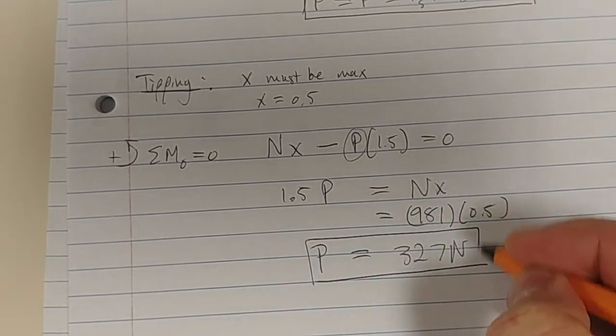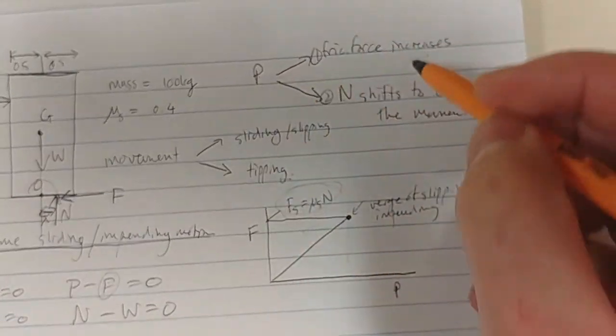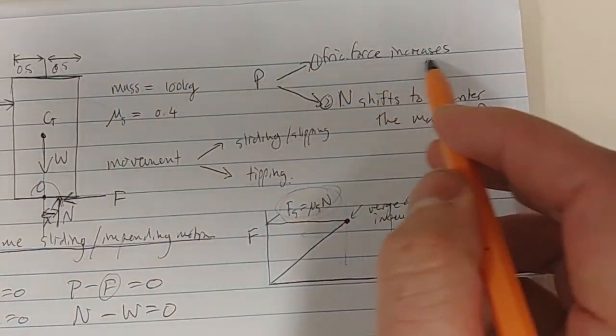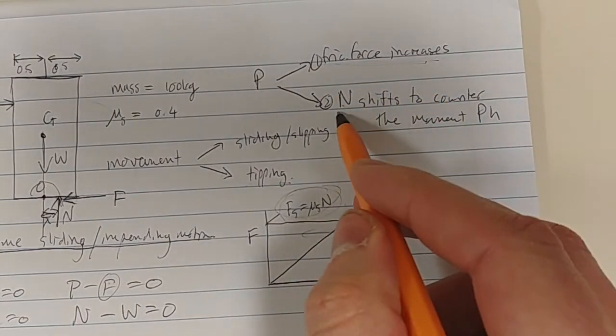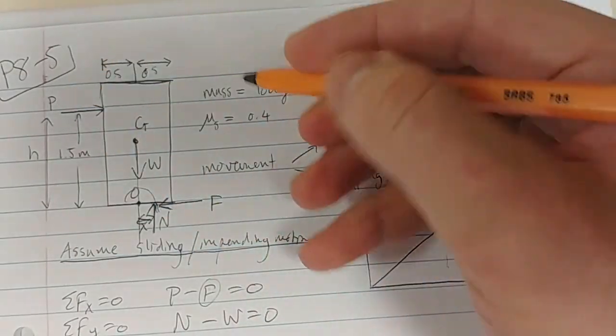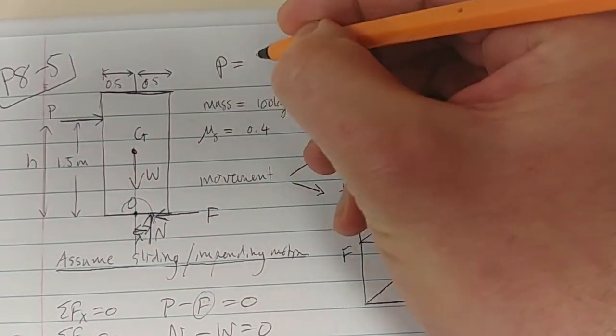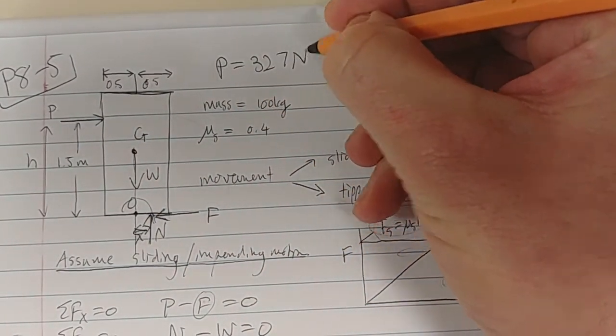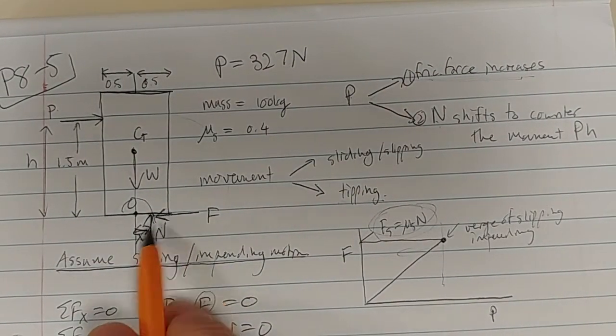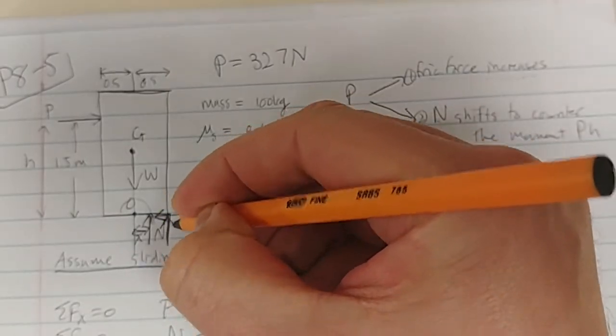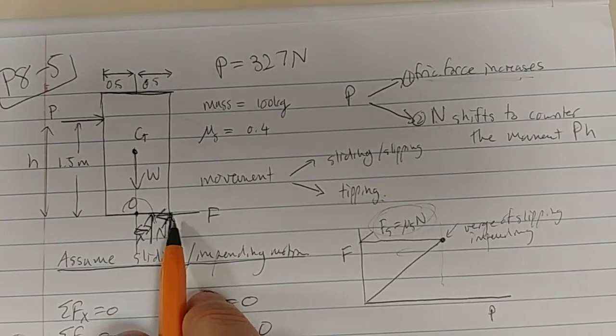Okay? So if we keep increasing P, both things are happening. We're increasing the friction force and N is shifting to the right. And when P equals 327 Newton, this normal force has hit that maximum point and it can't go any further.